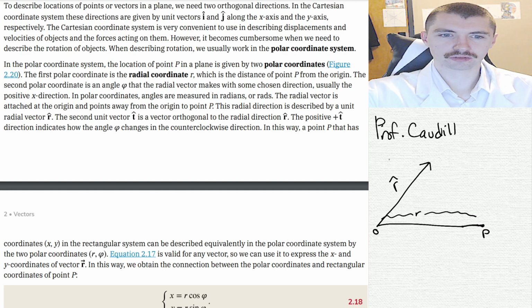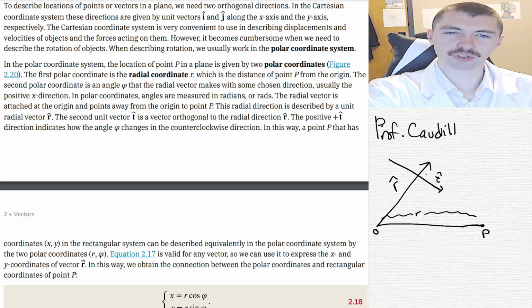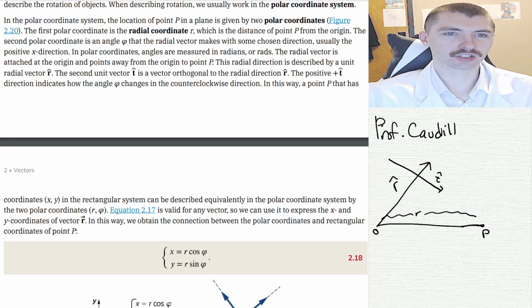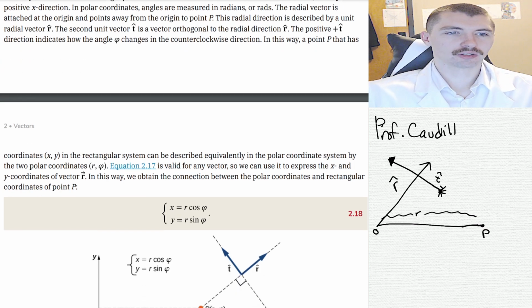This might not be the correct illustration, but we'll see if we can correct it later. The positive t direction indicates how the angle phi changes in the counterclockwise direction. So maybe it's arrows this way.